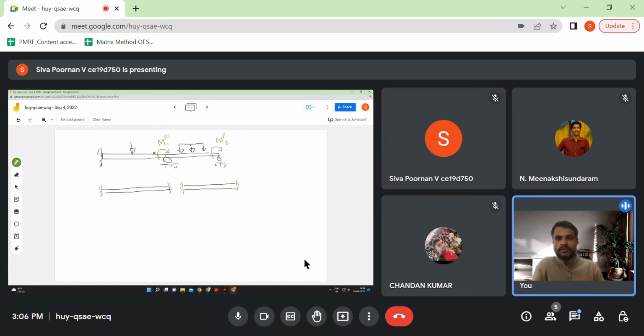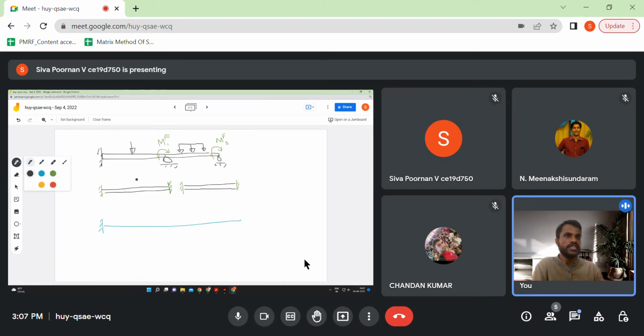So if I'm adding these moments, that is equivalent to saying that I'm giving a fixed end support here. These two are equivalent, just different ways of saying the same thing. But the only problem is that if I'm giving a moment, we should also give a negative moment so that the total system does not get affected, right? So basically I'll solve this problem, and in a separate problem, these loads I will keep as such.